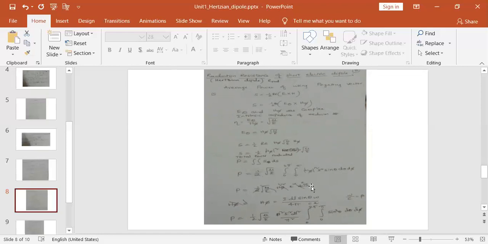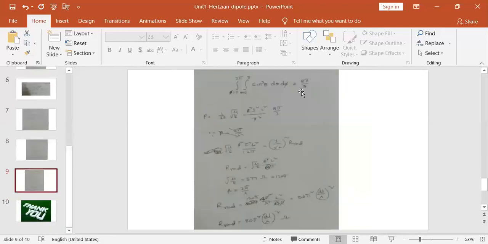If we integrate, we'll get this value: 1 by 32 into root mu by epsilon into beta square I square L square by pi square into 8 pi by 3.